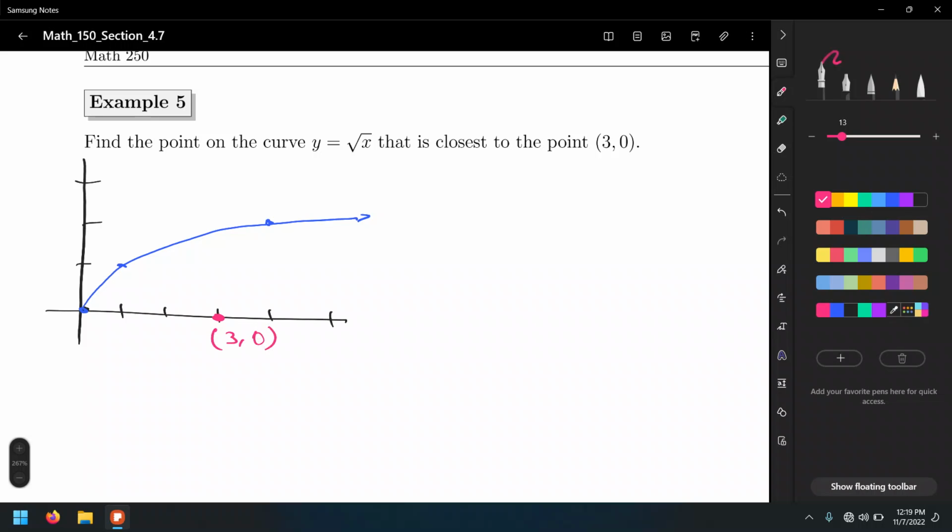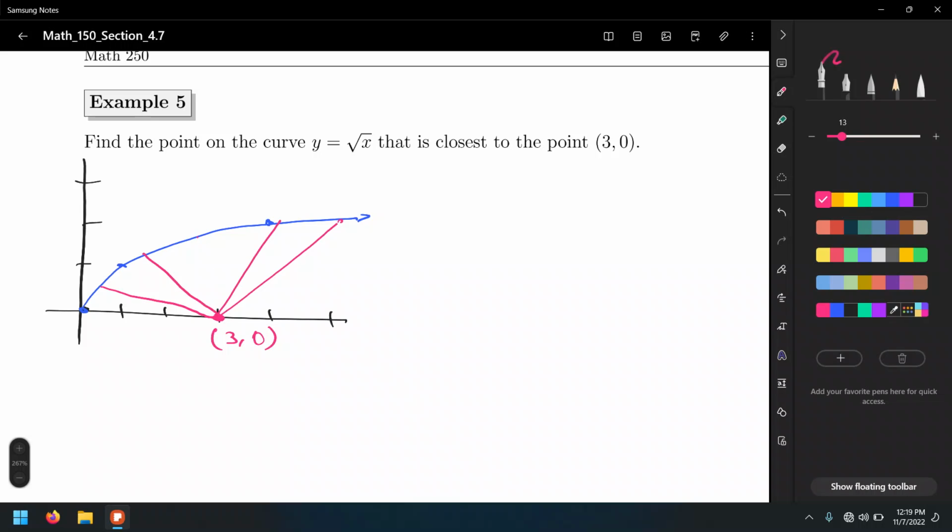There are many ways to go from the point 3, 0 to any point on the graph of the square root of x. One possibility, from 3, 0 to this point. This is another possibility. This is another possibility.